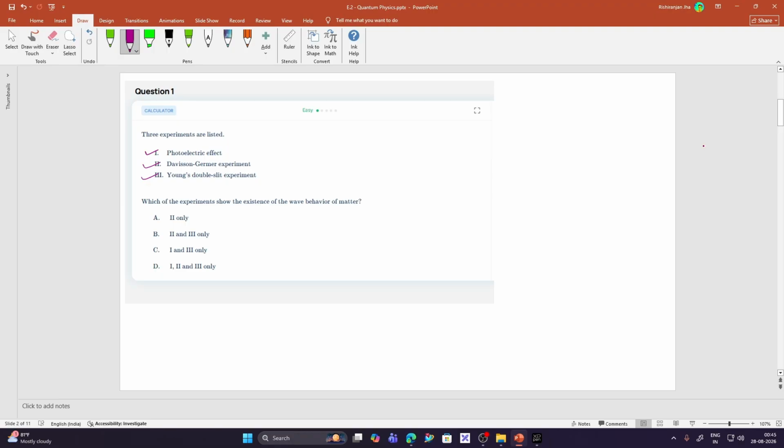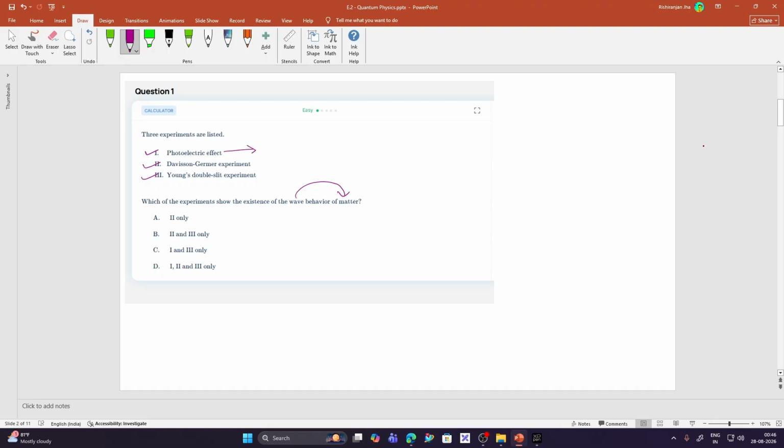Now we have to determine which experiment showed the existence of wave behavior of matter, like matter behaving as a wave, was proved by which experiment. So you have the options here. First I'll briefly explain the significance of each experiment. If you look at the first experiment, that was photoelectric effect.